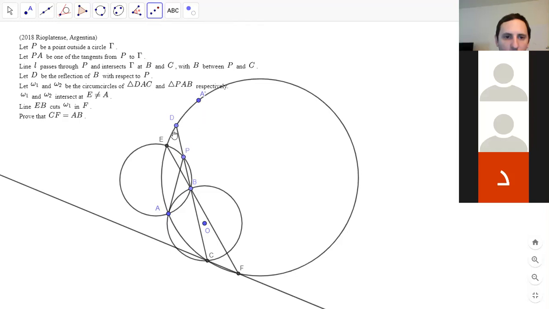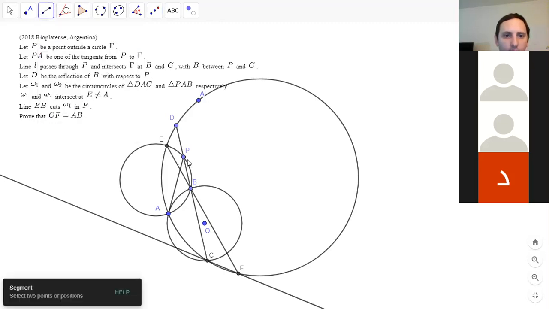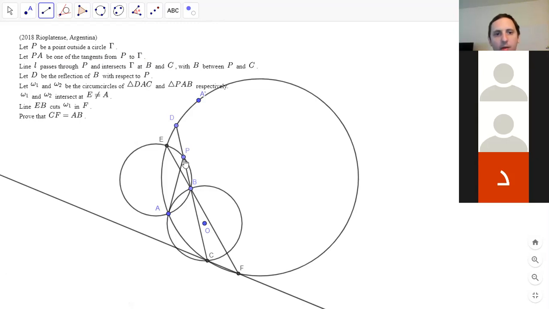Yeah, it is obvious, because PA squared is equal to BP times BC is equal to PD times BC. I was actually thinking about it a different way, but that works too. PA squared is PB times PC, so you can do it by power of a point or angle chase, so both of those work.